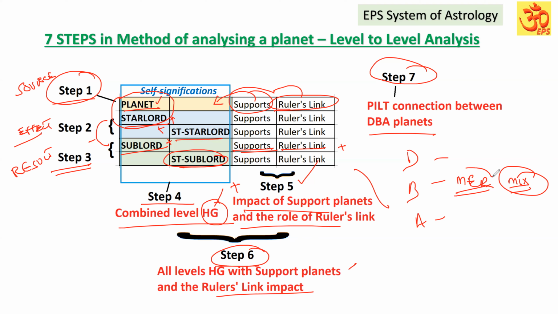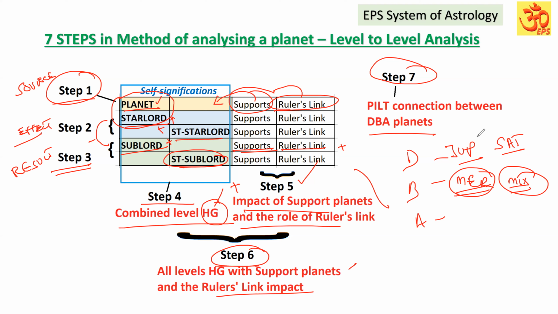But suppose Mercury as a Bhukti Lord under Jupiter Dasa, and suppose Mercury as the Bhukti Lord under Saturn Dasa. We cannot expect the same impact that Mercury can give under Jupiter from Saturn. There can be some difference.